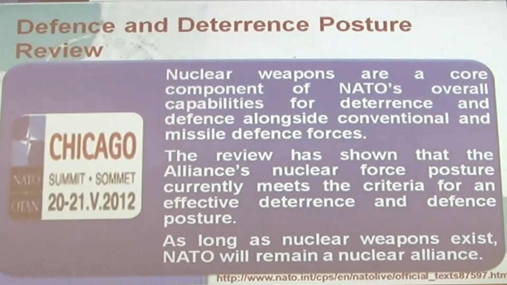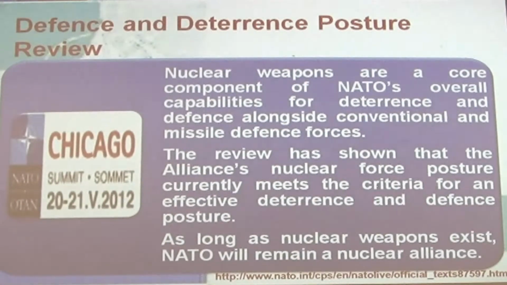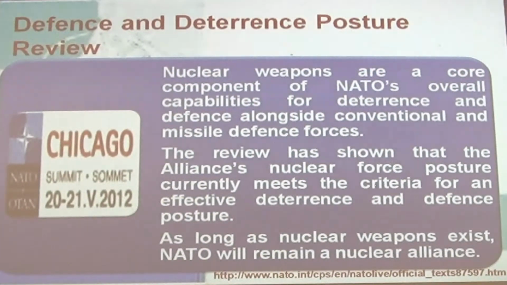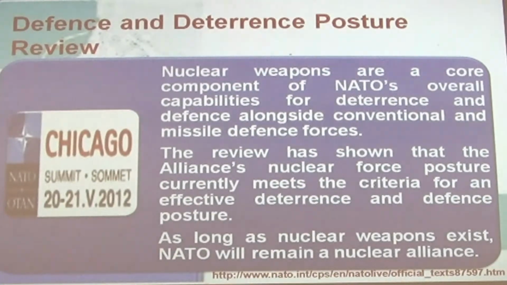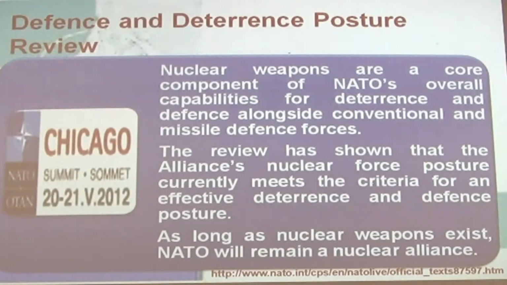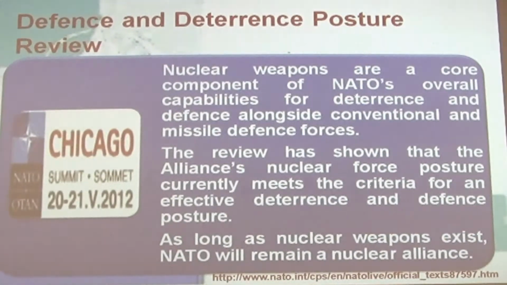We had a defense and deterrence posture review which has been agreed by the nations, and there it's clearly mentioned, first of all, and it's not always mentioned here, that we are going to reduce our capabilities, modernize them perhaps if needed, but as long as nuclear weapons exist, NATO will remain a nuclear alliance. So if there's one side with nuclear weapons, then we might keep them as well. It's always the challenge of the first step.